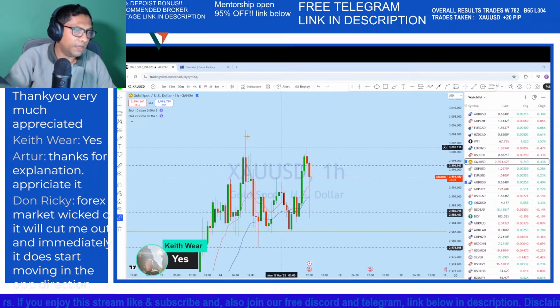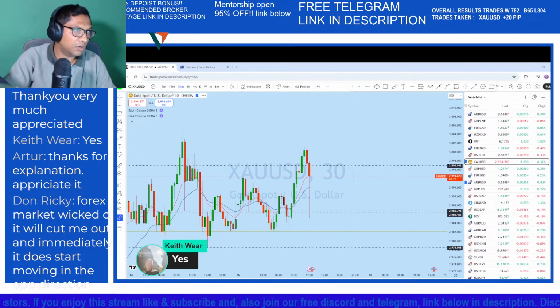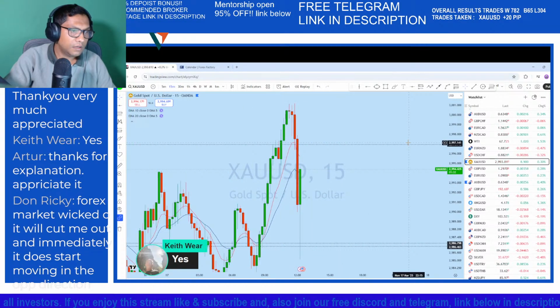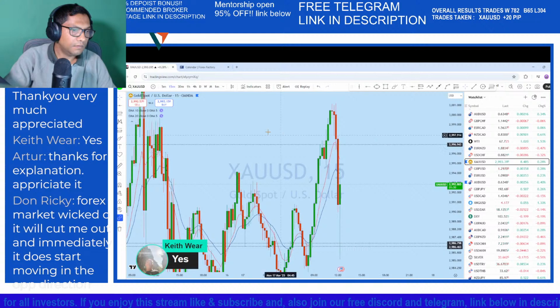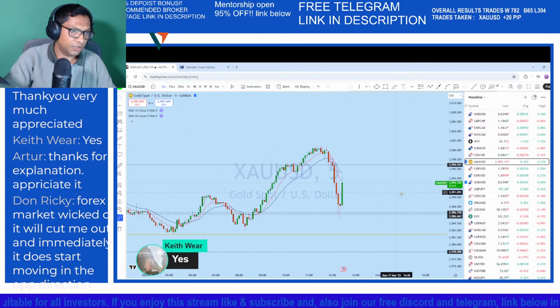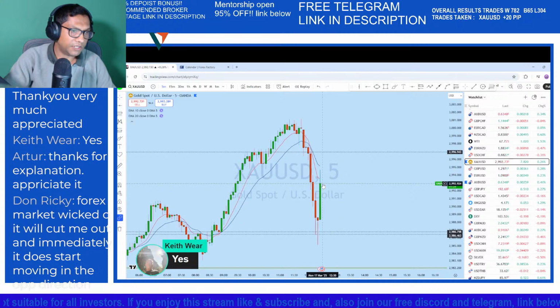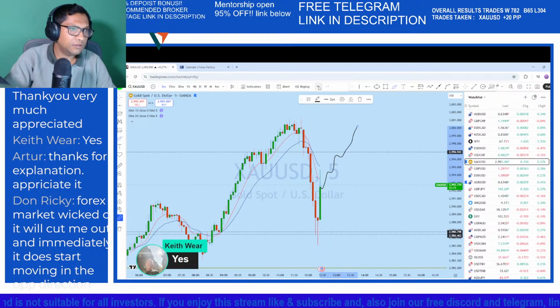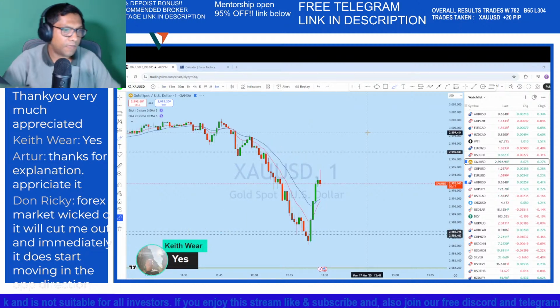Massive drop and rejection to the upside with a stronger momentum. And here we can see that bounce, expecting it to potentially trend again to create a new higher high.